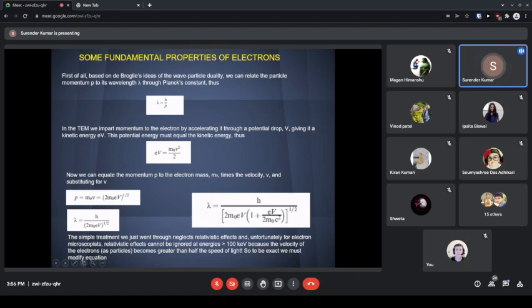So the final relation to calculate the wavelength of electrons in a transmission electron microscope is this. If you know the accelerating voltage, the charge and the mass of the electron, you can simply calculate the wavelength. And this wavelength is related to the resolution of the modern electron microscope.